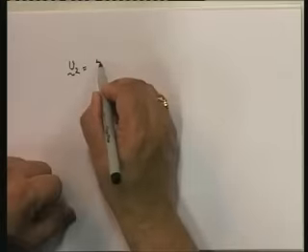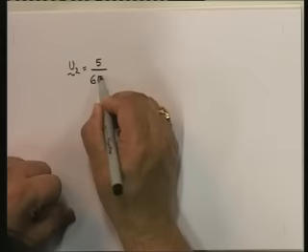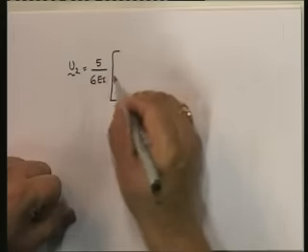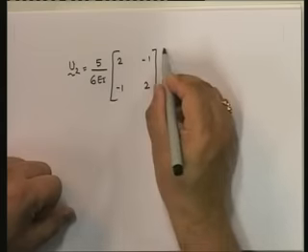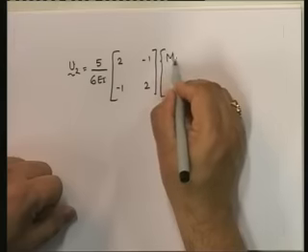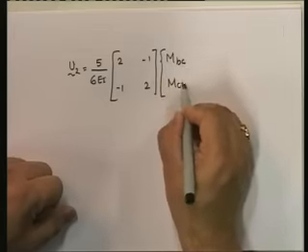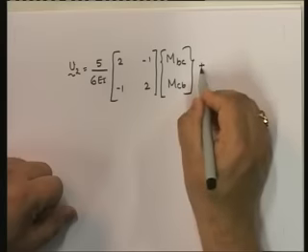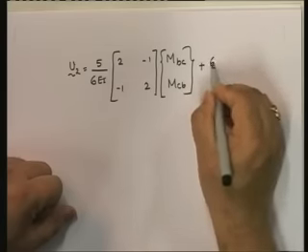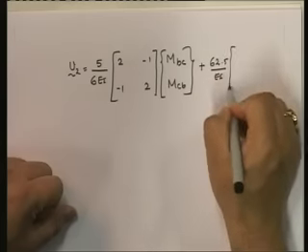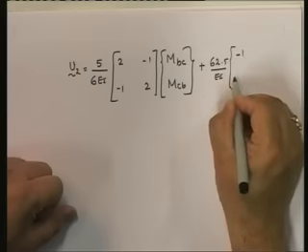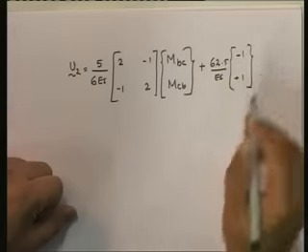So v2 is going to be equal to 5 upon 6EI times the matrix 2, minus 1, minus 1, 2, times MBC and MCB, plus 62.5 upon EI times minus 1, plus 1.